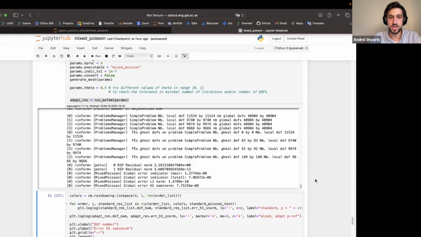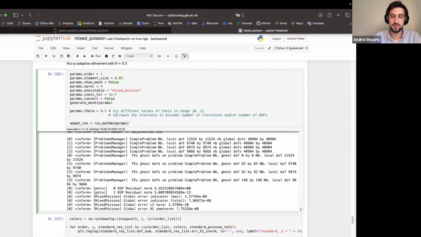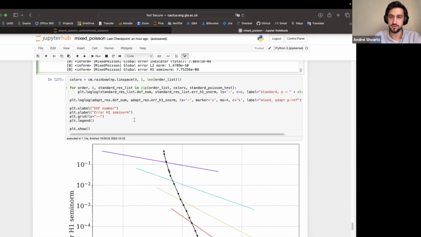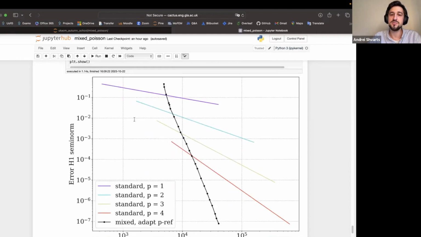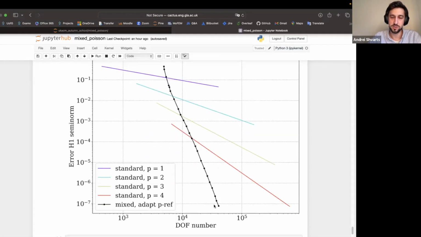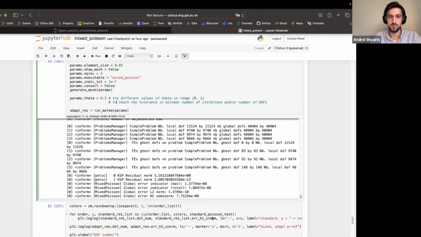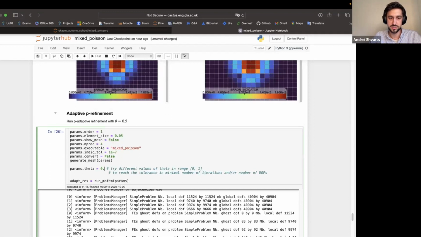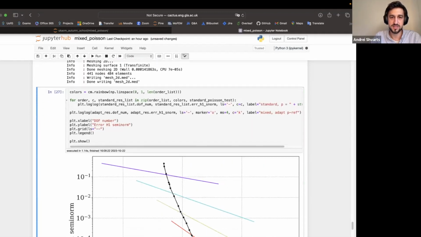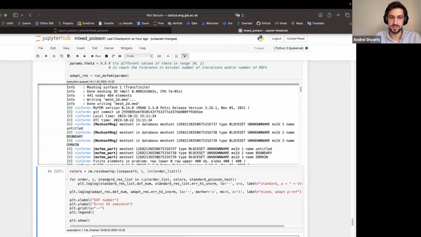So I invite you to change the parameter theta and rerun the cell and rerun this plotting over here to see if you can get below this 10 to the power minus n tolerance with a smaller number of refinement iterations, and if possible, with an even smaller number of degrees of freedom. Yeah, so you would just change this parameter over here to something else, like for example 0.2, or on a different side to something higher, to 0.8, rerun this cell, and rerun this cell to plot the results.